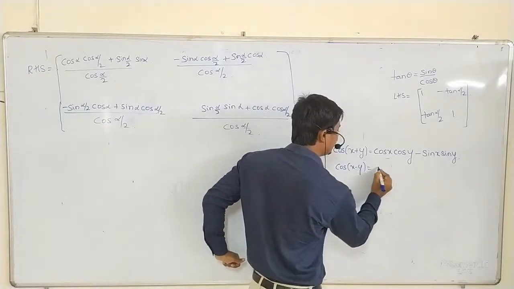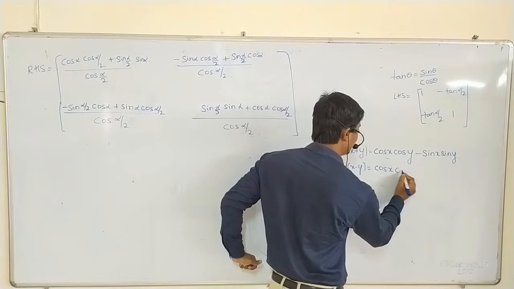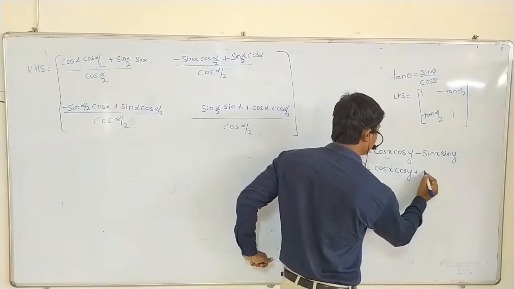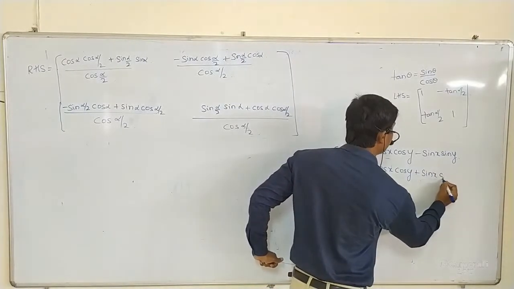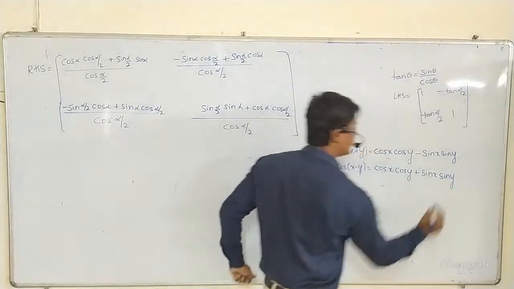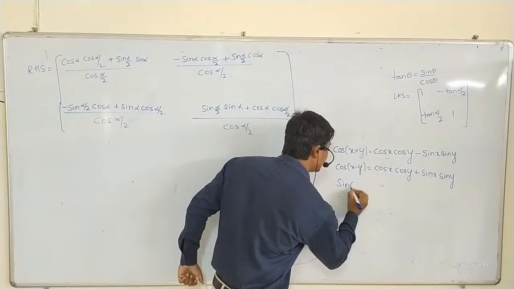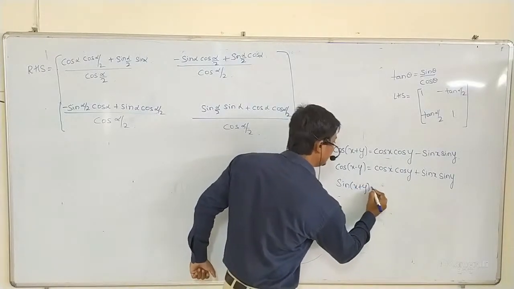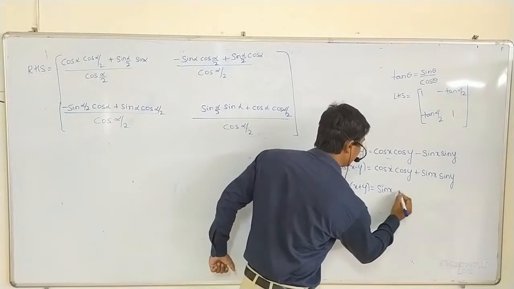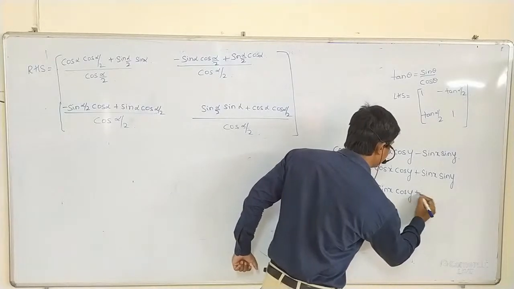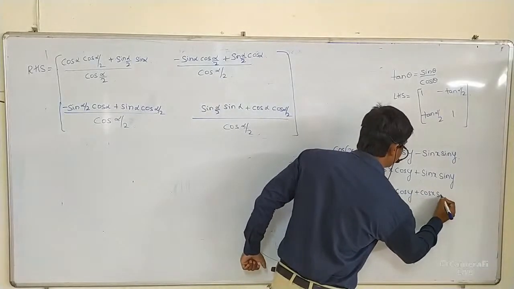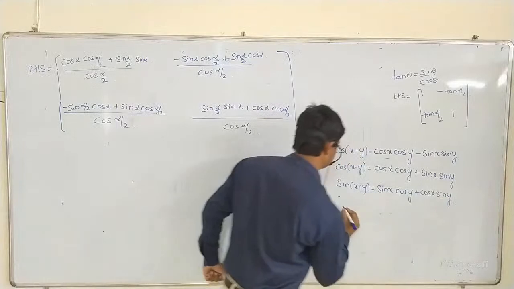What is cos of x minus y? It is cos x into cos y plus sin x into sin y. Okay. What is sin of x plus y? Sin of x plus y is sin x cos y plus cos x sin y.